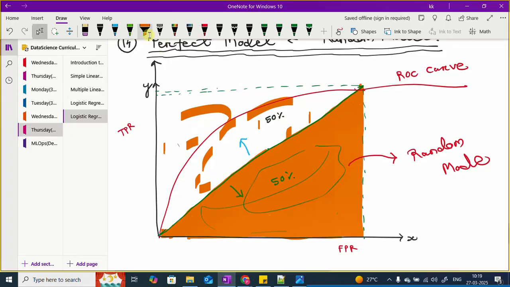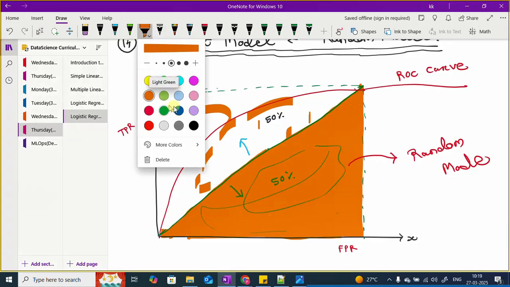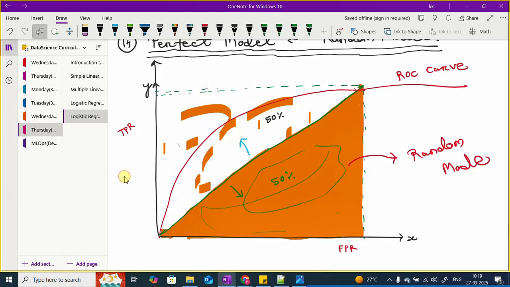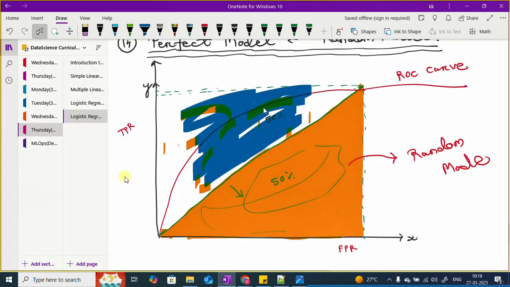Is it possible to change the color? Yeah, let me change it if possible.